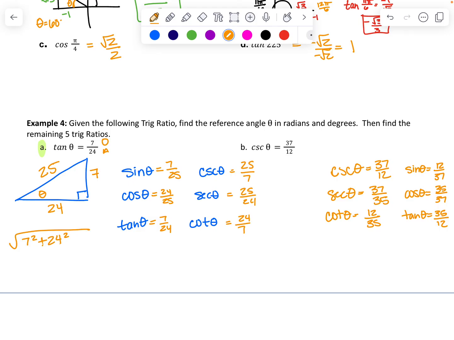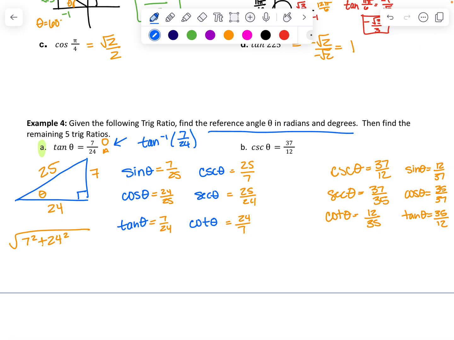All right, so using that, we can also find our reference angle of theta in radians and degrees. I always go back to what we were originally given. So if I look at this, this means that the tangent of theta gives me that ratio. So to find that angle theta, I have to take the inverse tangent of that ratio.